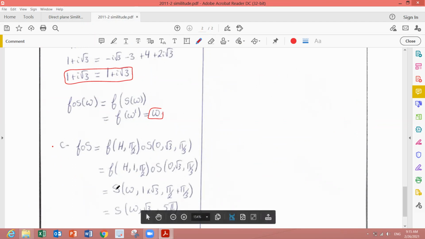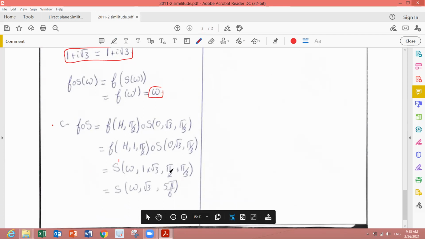Then F round S is a similitude. If I call it S prime, of center W, ratio 1 times radical 3, angle pi over 2 plus pi over 3. Finally, it will be a similitude.